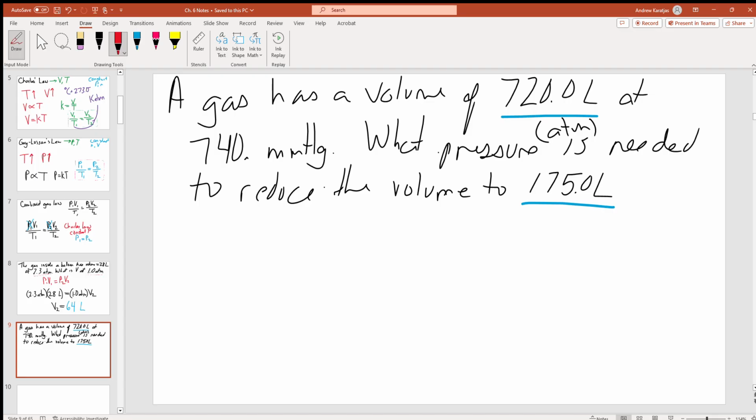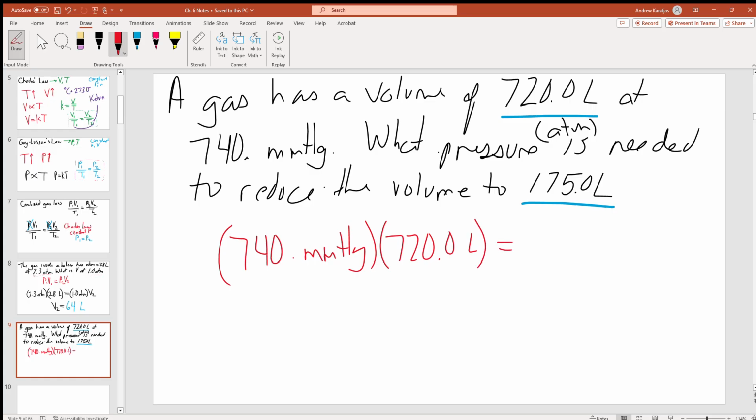So P1, 740 millimeters of mercury, times V1, 720 liters, is equal to our new pressure, which is unknown, times our new volume.